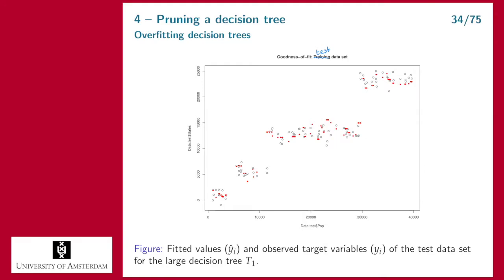However, if we use a test data set, so a new data set, and we use our trained model that had a perfect fit on the training data set on this test data set, we see we do not have a very good fit. So it seems that our model performs very well on the training data set, but does a bad job on a test data set. And that is what we call overfitting, and it is caused by the high variance of the decision tree.